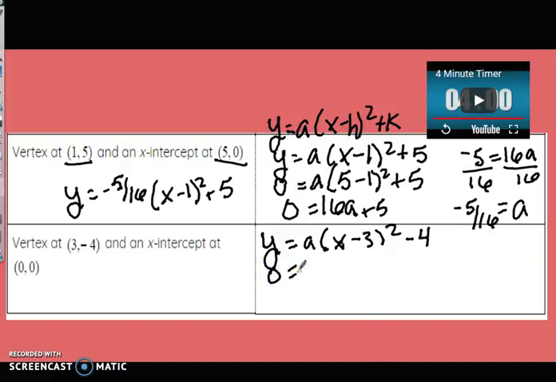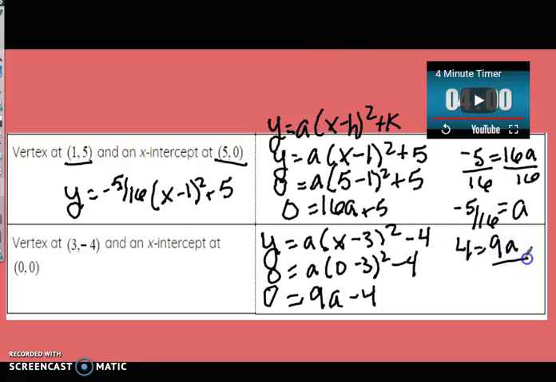So 0 equals a times 0 minus 3 squared minus 4. What's 0 minus 3 squared? 9. So 0 equals 9a minus 4. Add 4, so 4 equals 9a. Divide by 9. A equals 4/9.